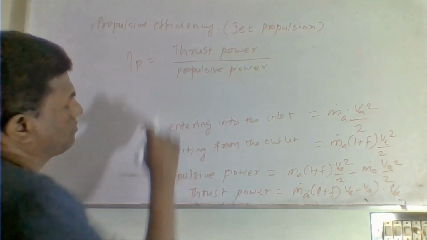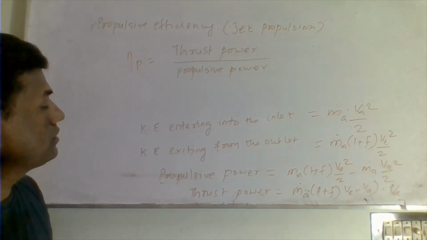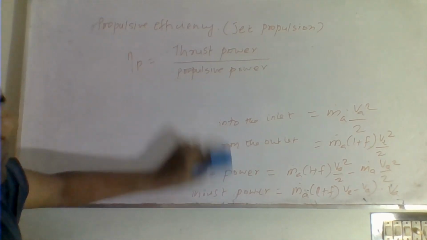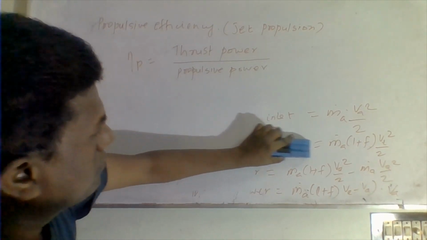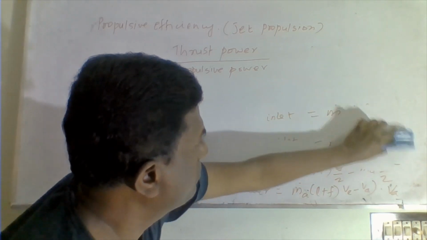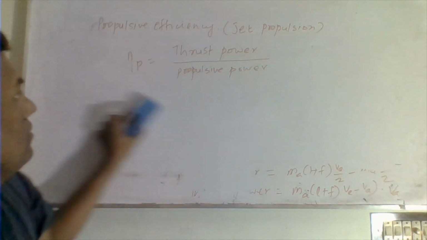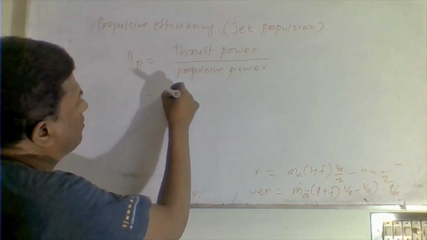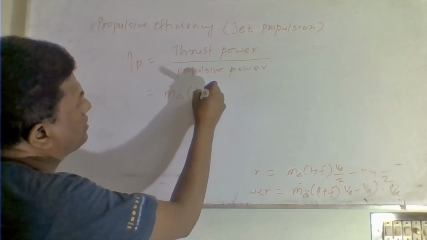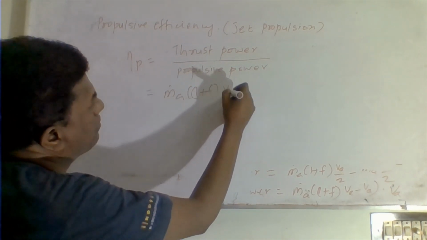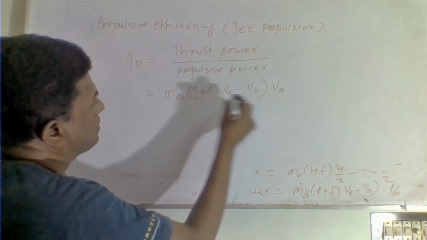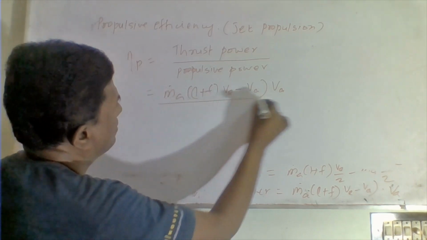So this is what is meant by propulsive efficiency in the defining elements. The thrust power is nothing but m dot a into (1 plus f) into VA, minus VA into VA, where VA is the aircraft flight velocity.